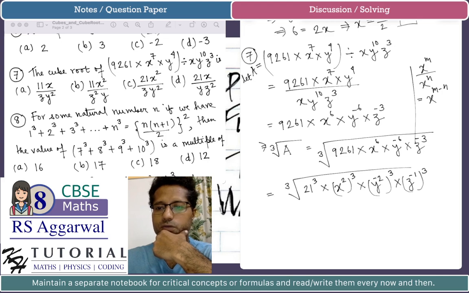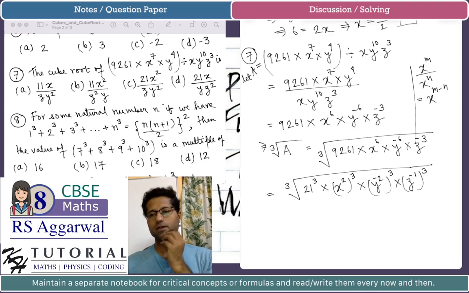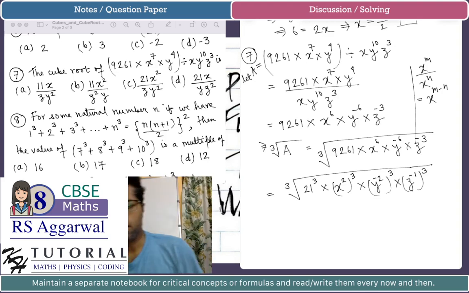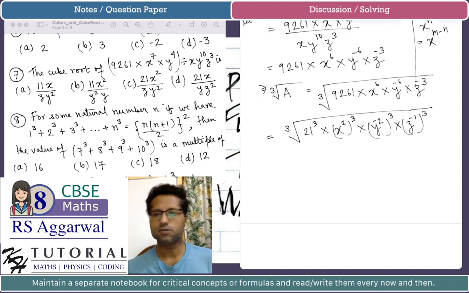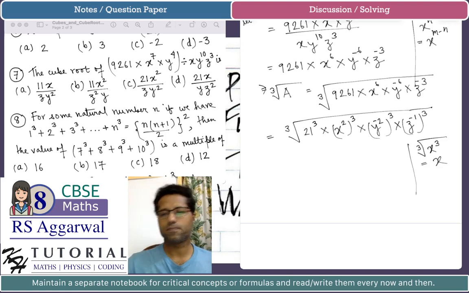The idea is, if we have some unknown variables like this inside a cube root, you always try to see if you can express the unknowns with a power 3, because the power 3 will cancel out when you take the cube root, since the cube root of any number with the power 3 is equal to the number itself.